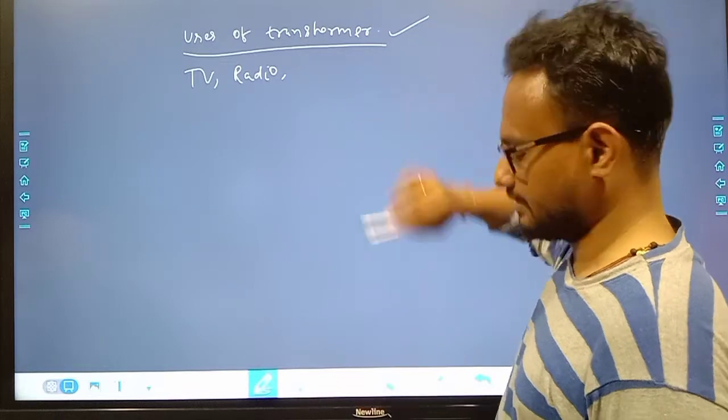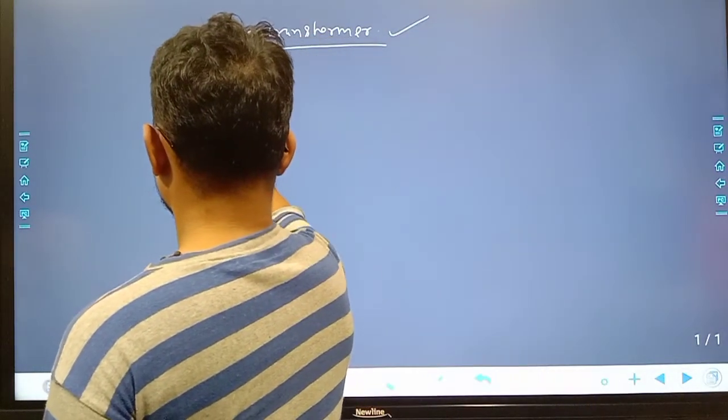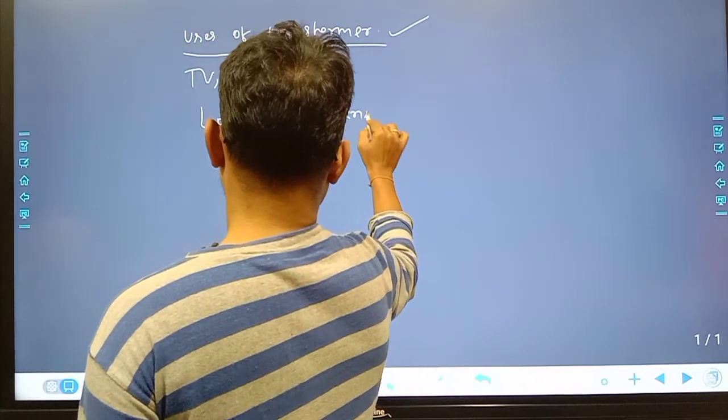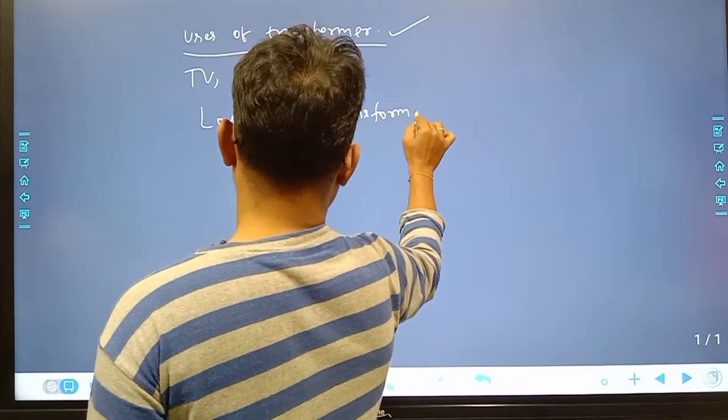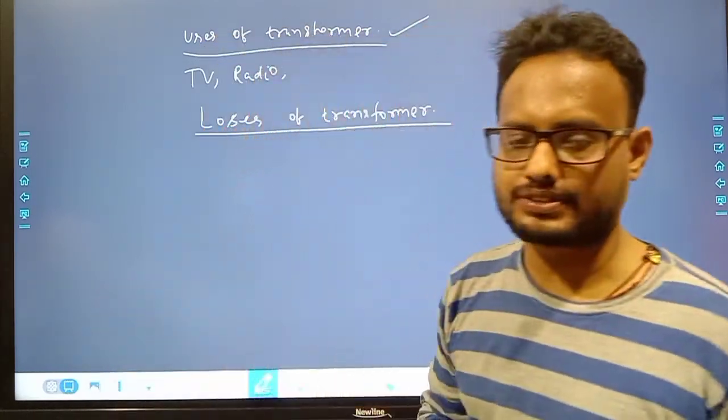Similarly, now we will discuss the losses of transformer. Some losses of transformer are due to some energy loss in mutual induction.